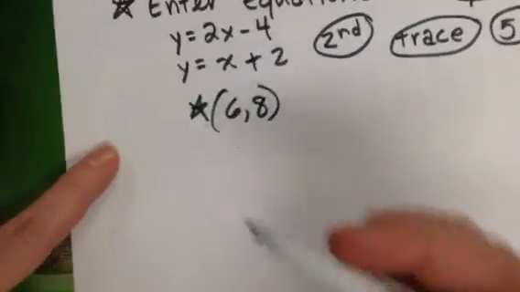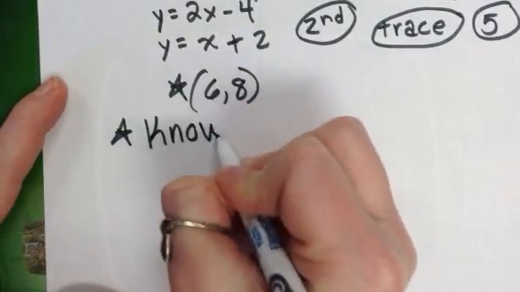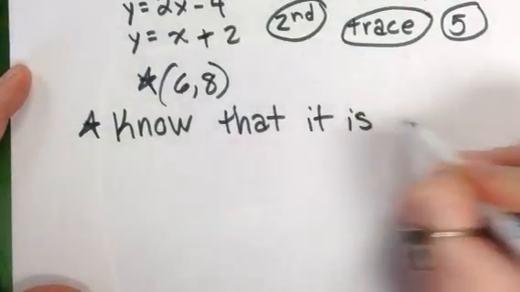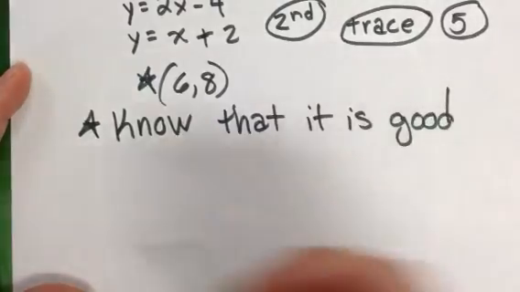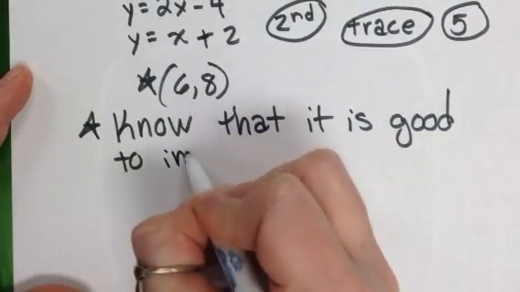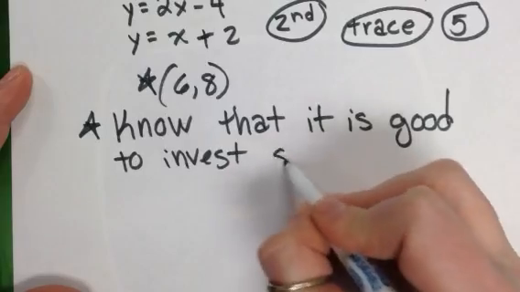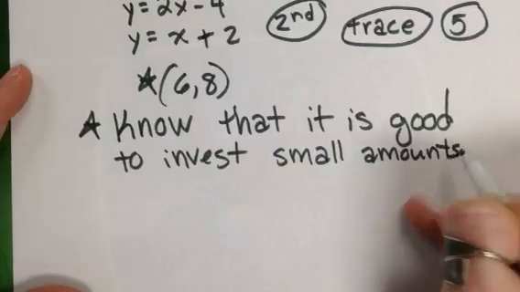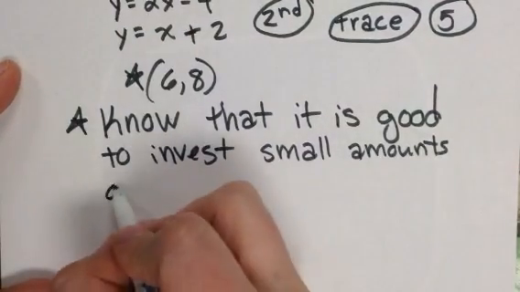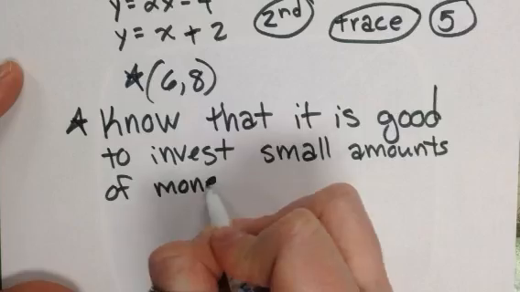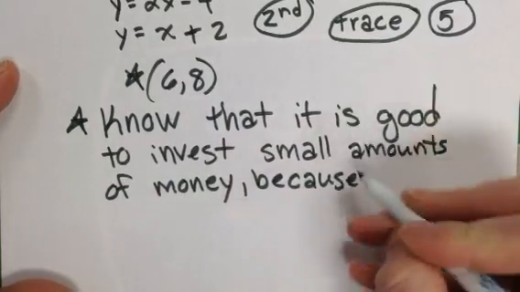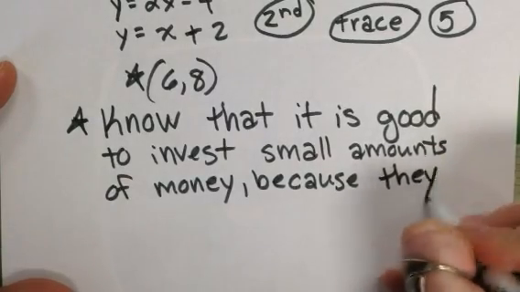There's 4 more things that I went through and picked out. No, we didn't talk about this one a lot, but know that it is good to invest or deposit small amounts of money because they will grow over time.